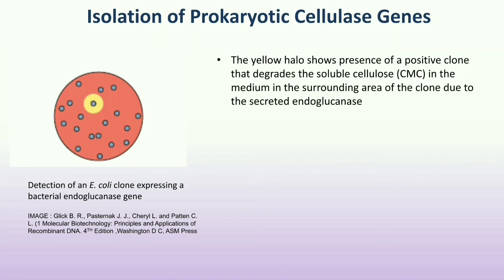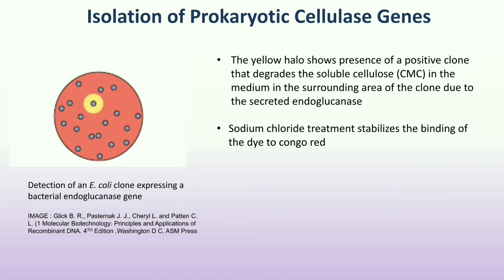The yellow hue or the yellow halo around the bacterial colony shows the presence of a clone which is positive, that is, it degrades the soluble cellulose, that is CMC, in the medium which is surrounding the area of the clone because it has the capability to secrete endoglucanases.